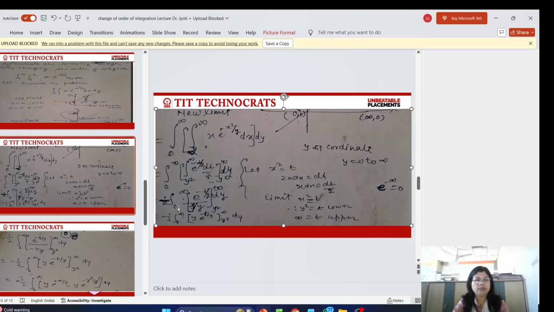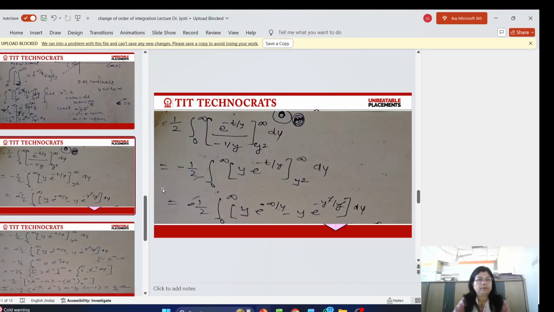It is equal to 1 by 2 times the integral of 0 to infinity of e to the power minus t, upon minus 1, with limits y squared to infinity, dy.